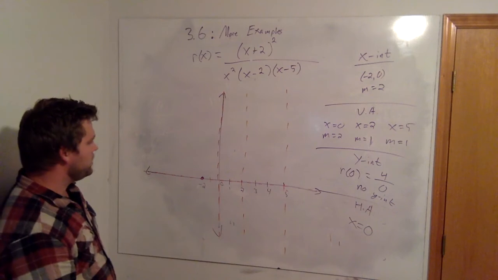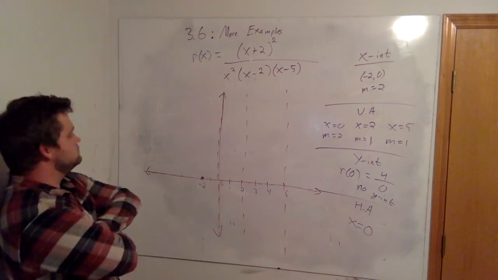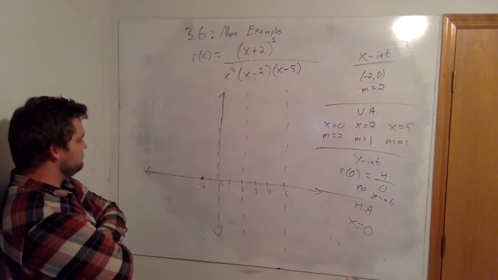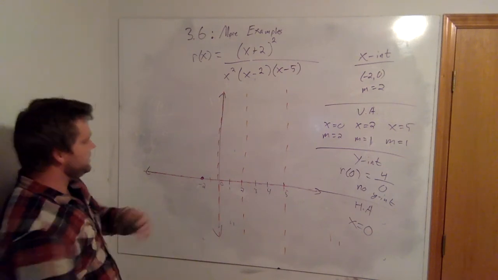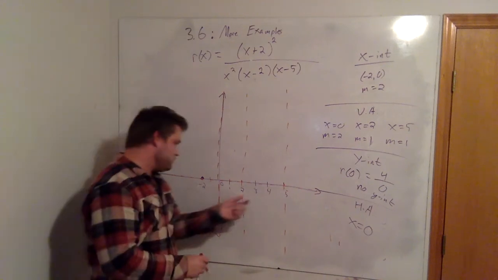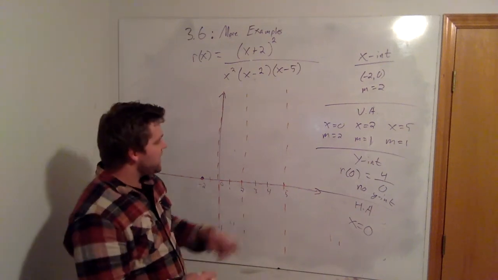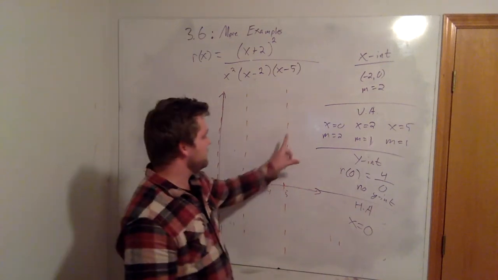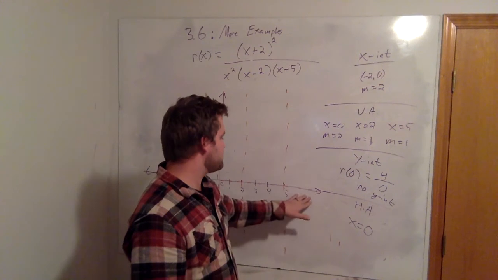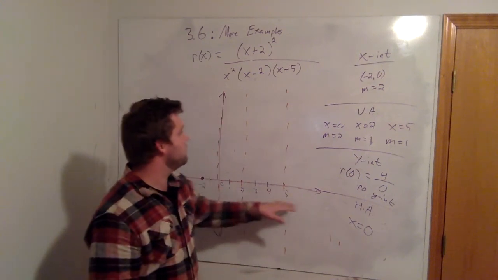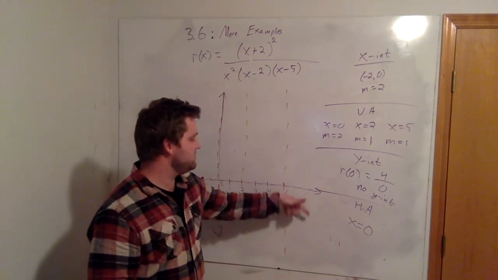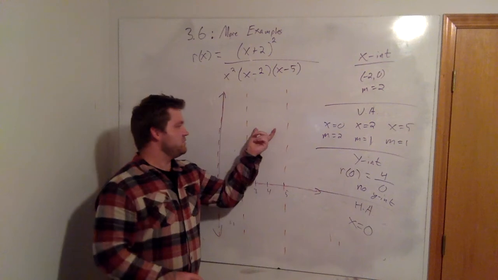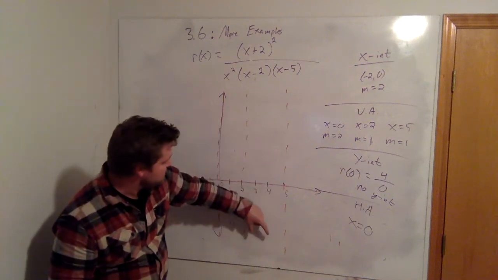Okay, so what can we do with this one? At least when I look to the left, what I'm noticing is that I don't necessarily know if the graph is going to go this way or this way. I know it's not going to cross through the x-axis anywhere over here, so the graph has to be an upward parabola or a downward parabola in here.